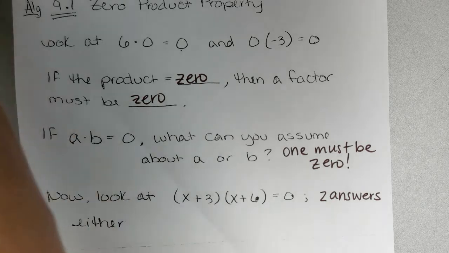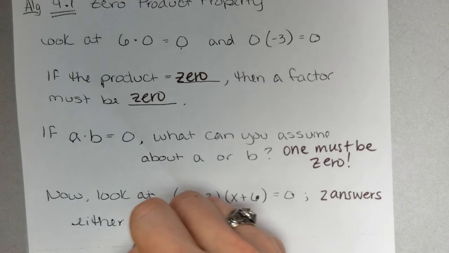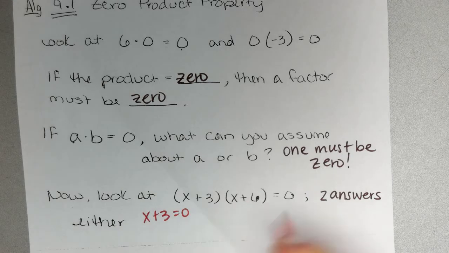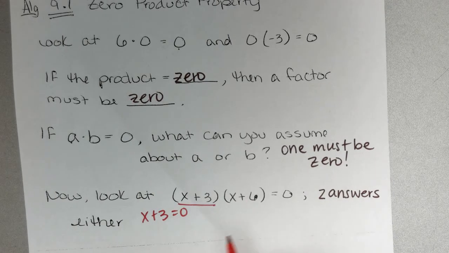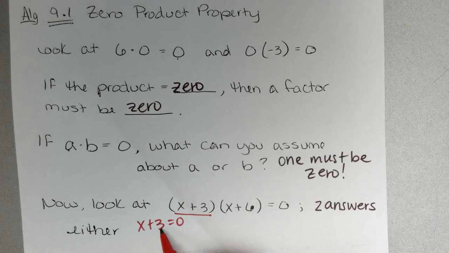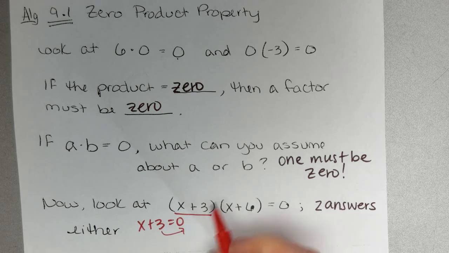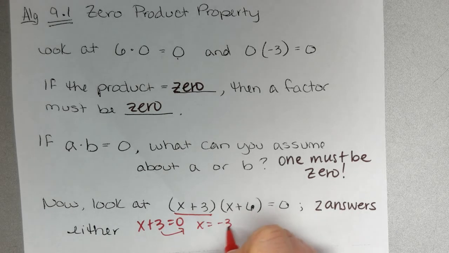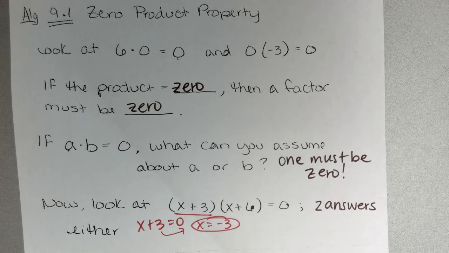So let's do the first one. x plus 3 equals 0. We're going to move the 3 to the other side. So it's x equals negative 3. Okay? That's pretty easy. That's one answer.